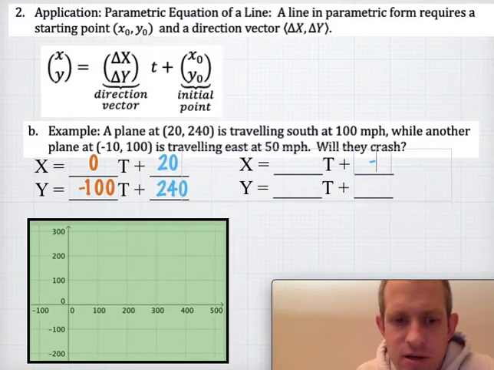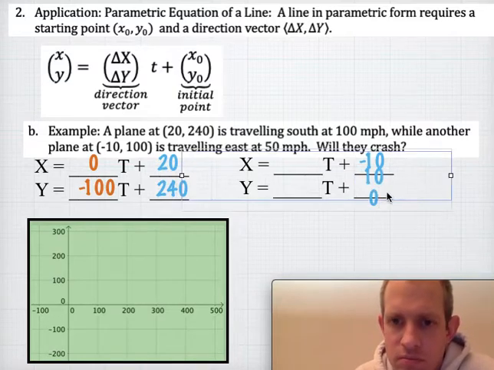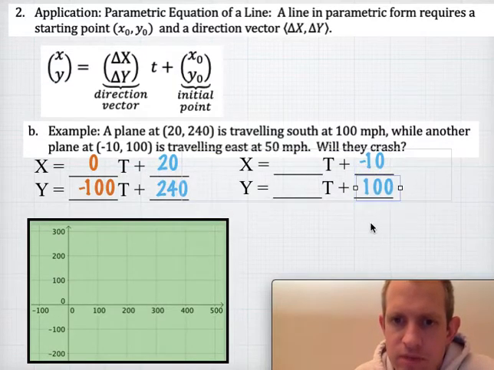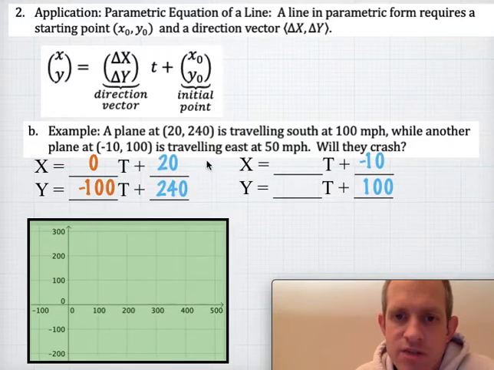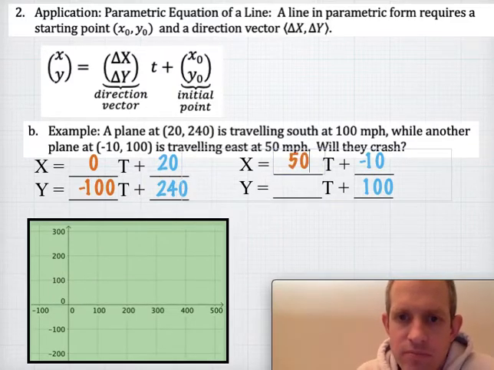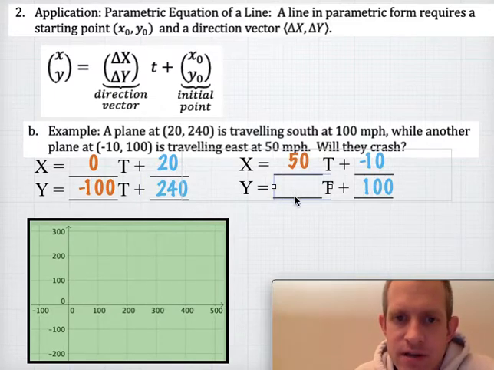So I can put in that x and y coordinate. And then its slope, if you will, because it's traveling east, it has an x component. It is traveling at 50 miles per hour. And then its y component is that it is not moving north or south. It's going purely east. And so that will be a 0.